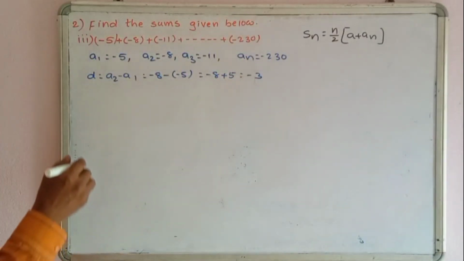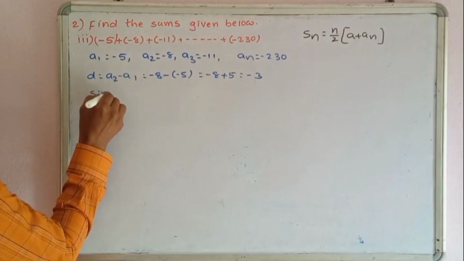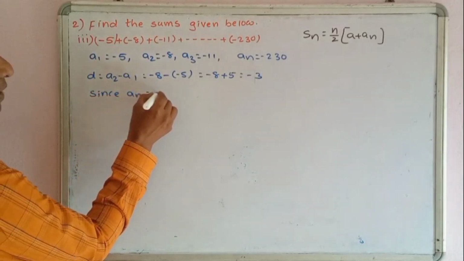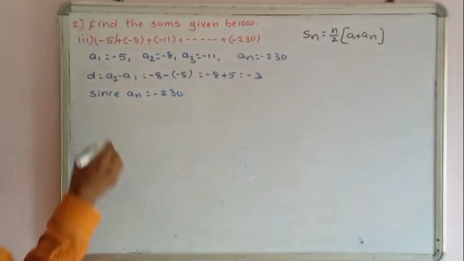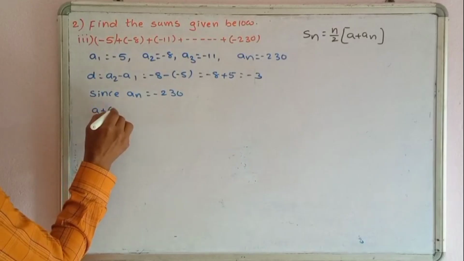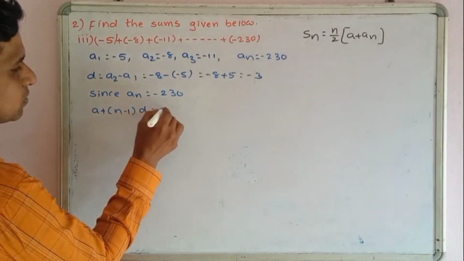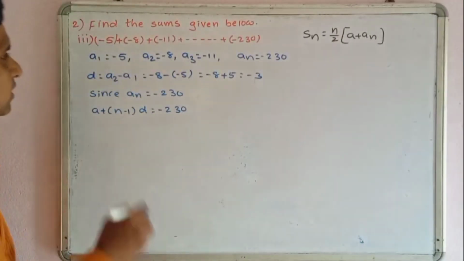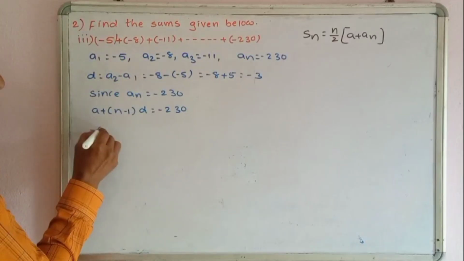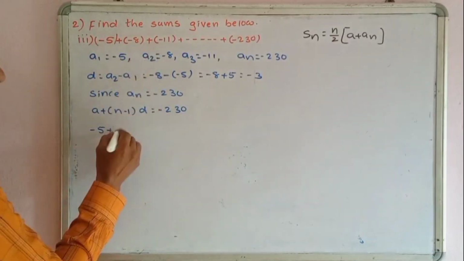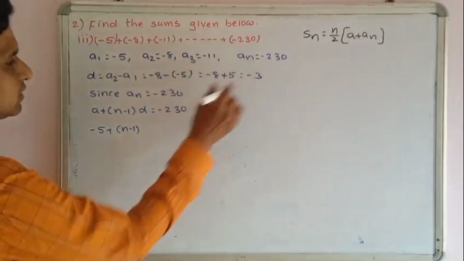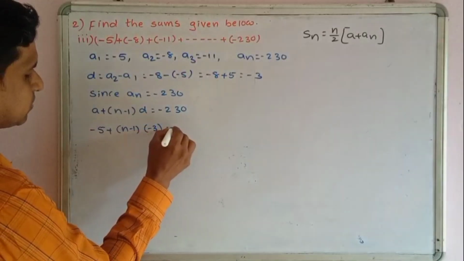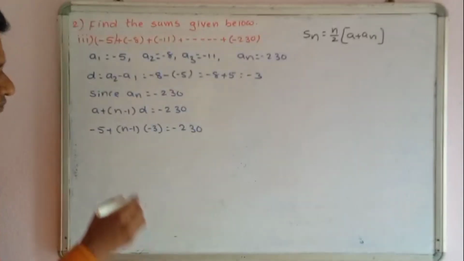Now an equals how much? Minus 230. The an formula: a plus (n minus 1) into d equals minus 230. So here a is minus 5 plus (n minus 1), d is minus 3, equals minus 230.